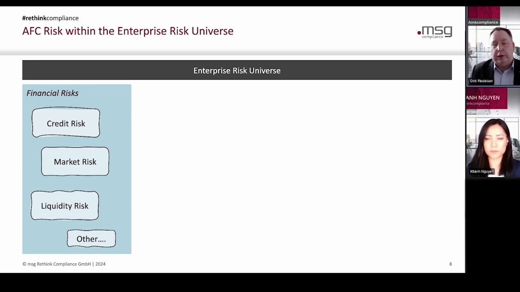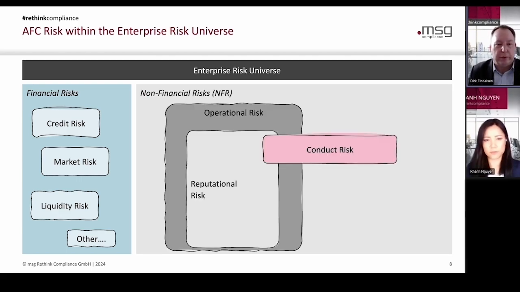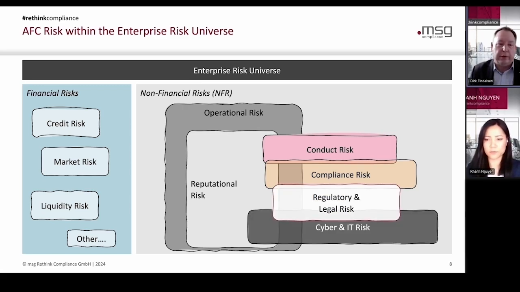From the perspective of a financial institute, it's an important part, but it's not the main part of your risk universe. The main part is the so-called non-financial risk universe, where you have operational risk, reputational risk, compliance risk, regulatory risk. And as you can see here, you see the overlaps, because not every compliance risk is a regulatory risk. So you can see that there are differences.